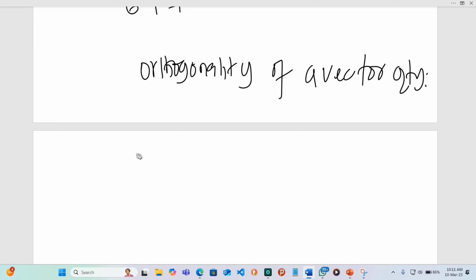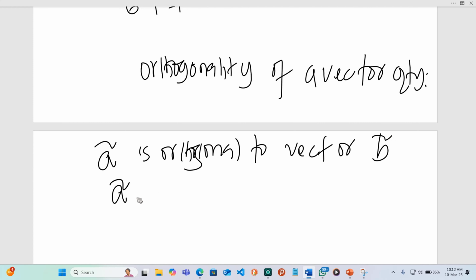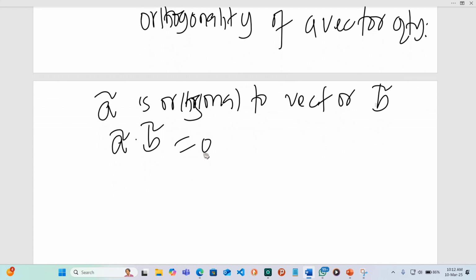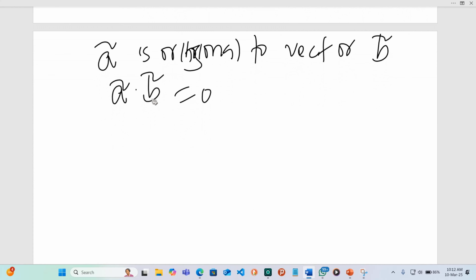They are borrowed from orthogonality of vector quantities. For example, let's look at orthogonality of two vectors. If vector A is orthogonal to vector B, then their dot product is equal to 0. That is a fact.